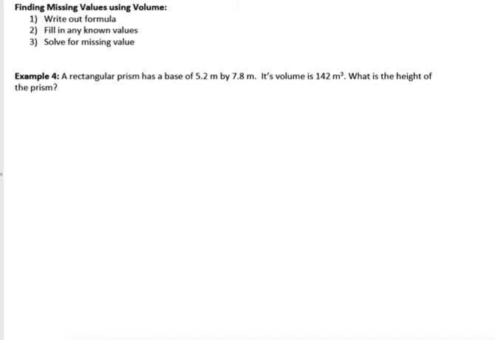So I know I have a rectangular prism, which means I have a volume of length times width times height. I know that my length is, say, 5.2, my width is 7.8, and my volume is 142. So I'm going to take those numbers and sub them in here.